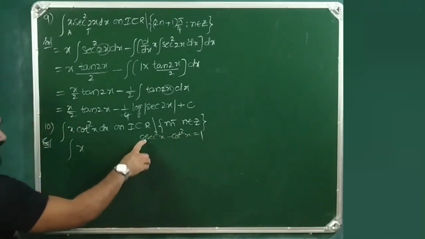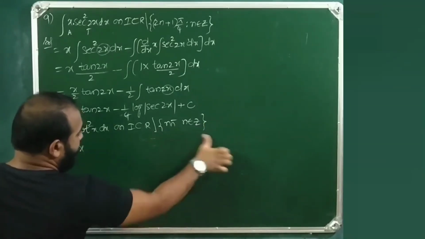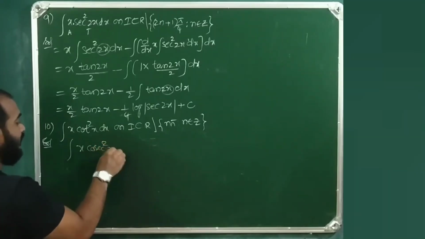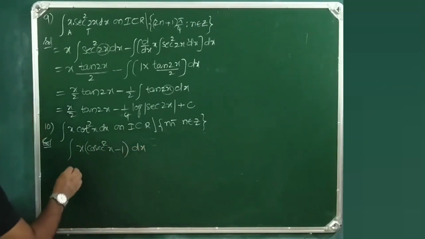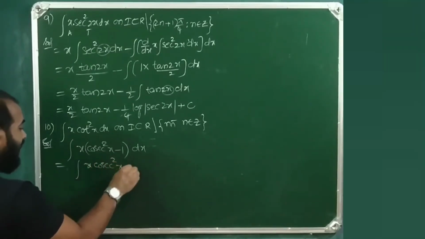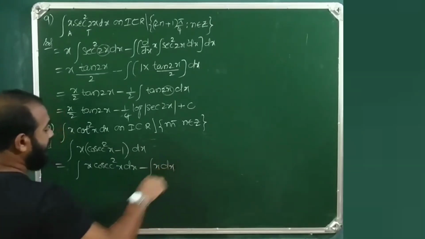So cosecant square x minus 1 is cot square x. So cot square x is written as cosecant square x minus 1 dx. This is equal to integral x cosecant square x dx minus integral x into 1, which is x dx.